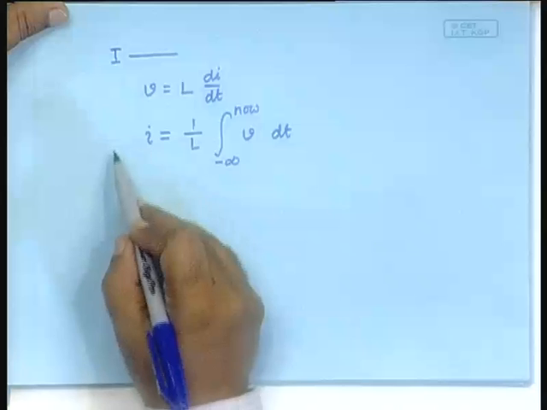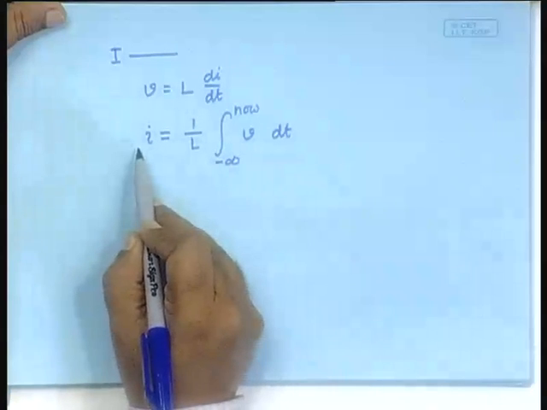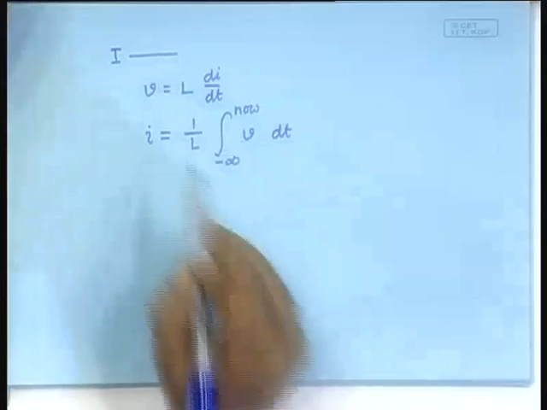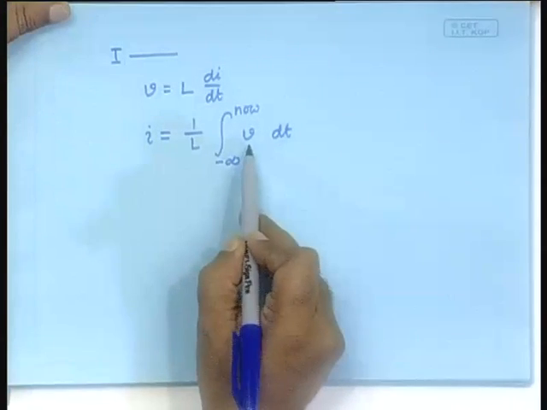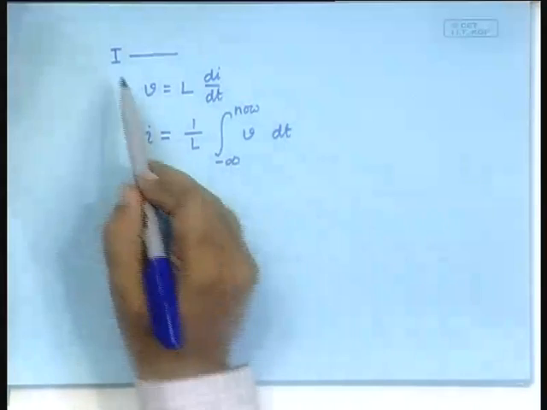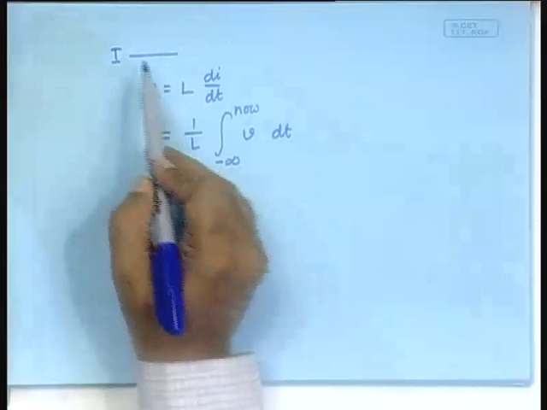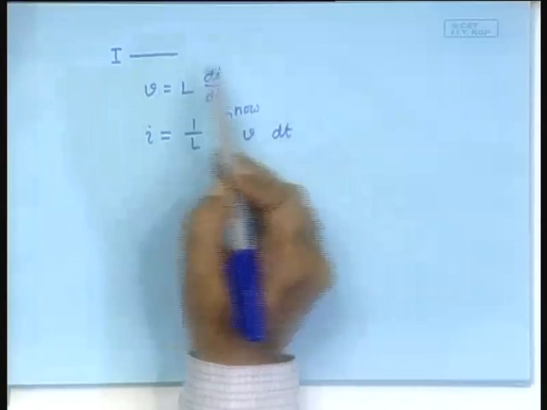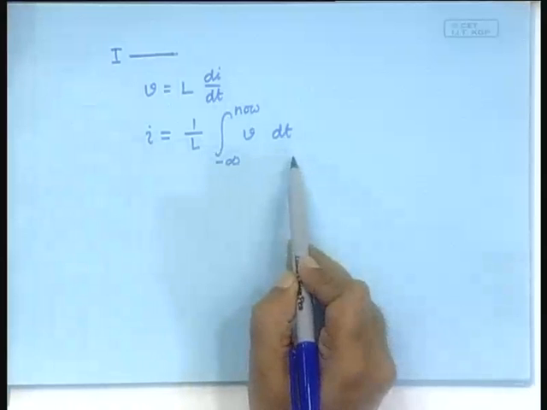This is a specific type of relationship between the effort variable and the flow variable. Effort integrated gives the flow, clear. So, effort integrated gives the flow, that is a special type of relationship which is a characteristic of the I element. The I element is connected with the bond with the rest of the circuit, and the moment we draw the bond we know that it has this character.